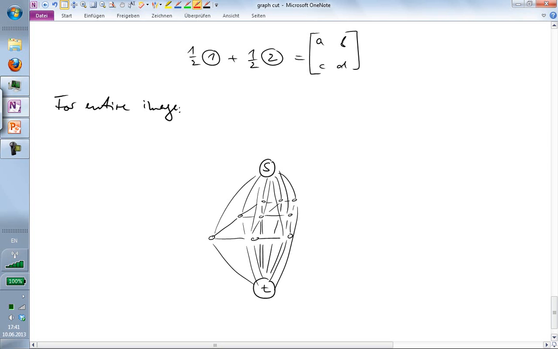The minimum cut will of course depend on these capacities, but one possible cut would be this one here, which would leave my points labeled as belonging to either the source, if I give the source one color, or the sink, if I give the sink another color.